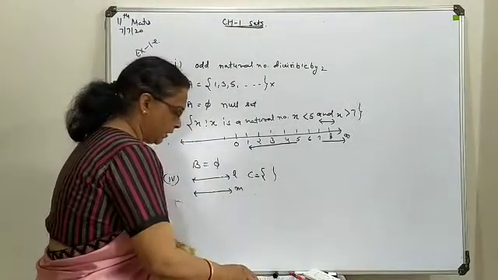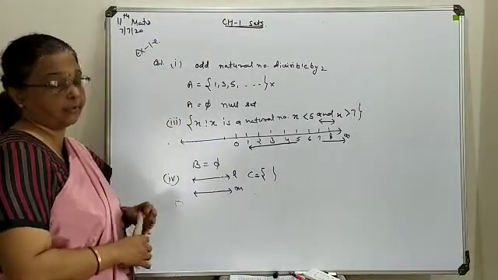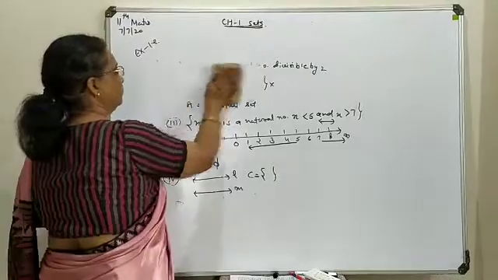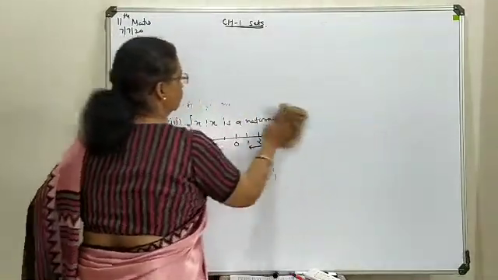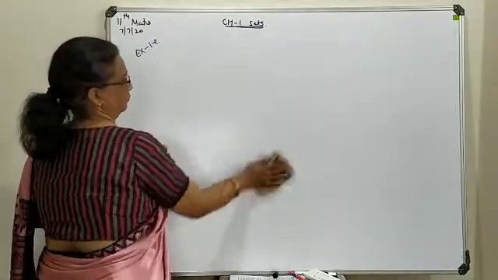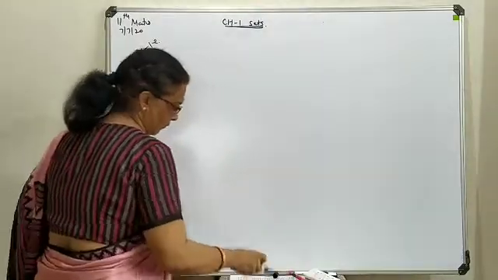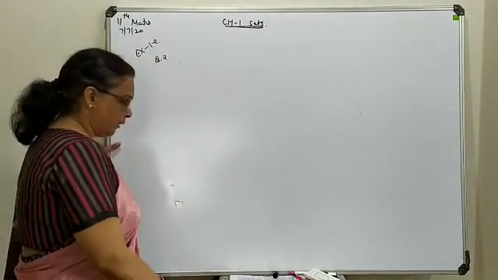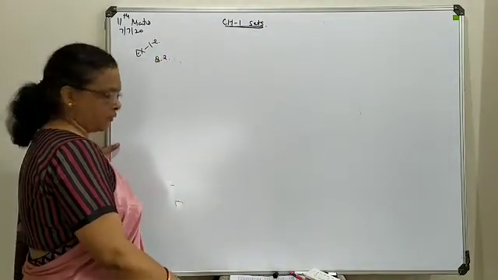Now move to the next criteria, that is finite or infinite sets. So look at question number 2. In the second question, you have to identify whether the sets are finite or not.